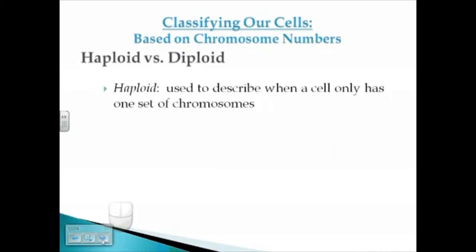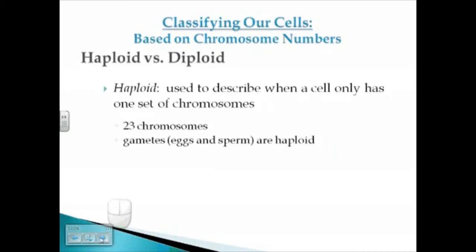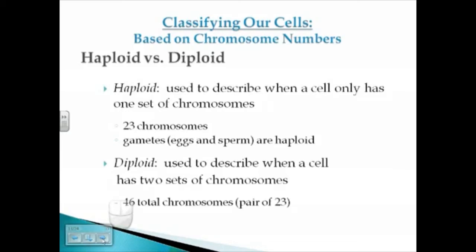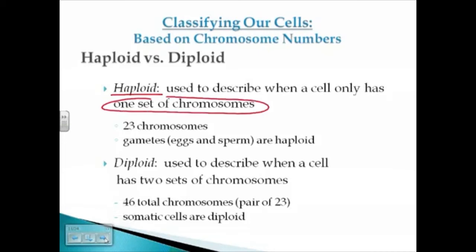Haploid and diploid, these are two words that we can use to describe our types of cells. Haploid means that you only have one set of chromosomes. So in the case of humans, it's 23. Gametes are haploid.